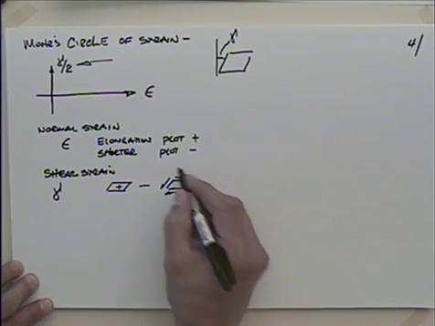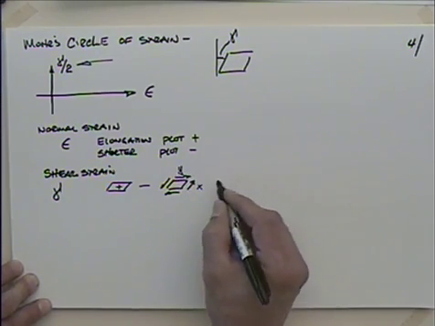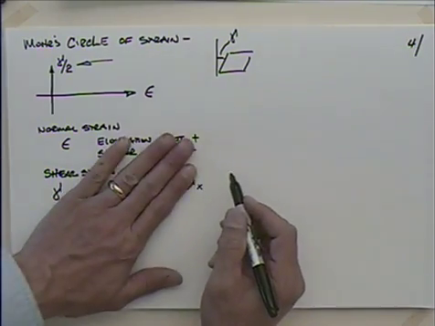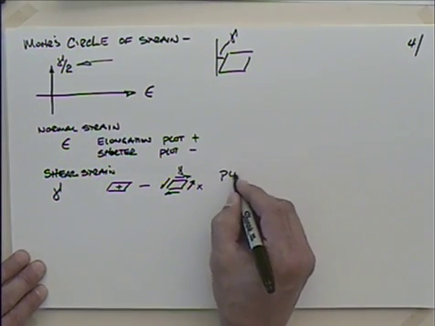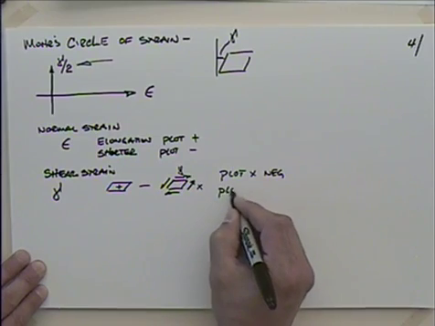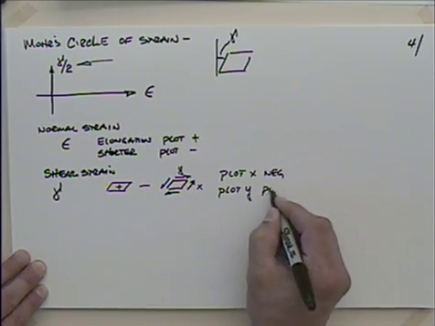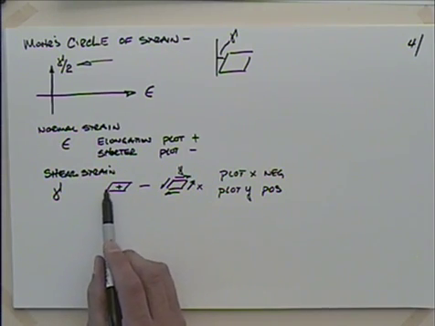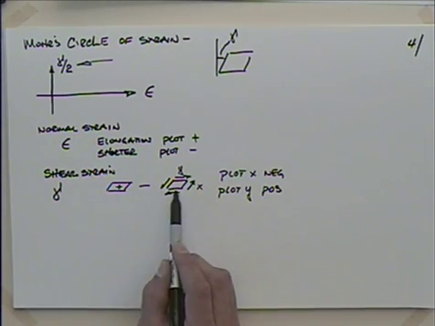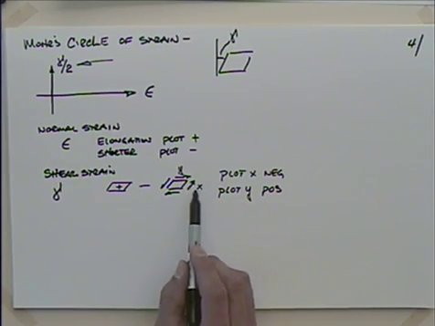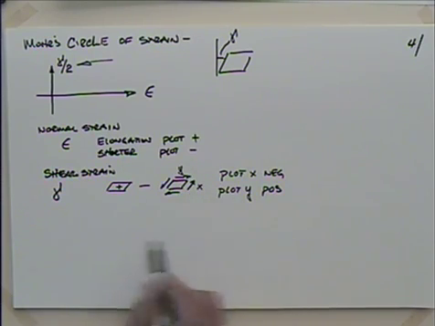So on the x face versus the y face, we're going to plot x positive. Oh, no, not x positive. X is going to tend to rotate counterclockwise, so we plot x negative, and we will plot y positive. So I look at the deformation gamma, I look at the strains that would give that to me, and I go back to my convention for Moore's circle of stress to figure out whether I plot x positive or negative.